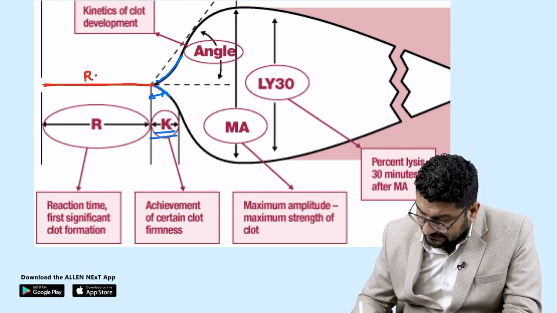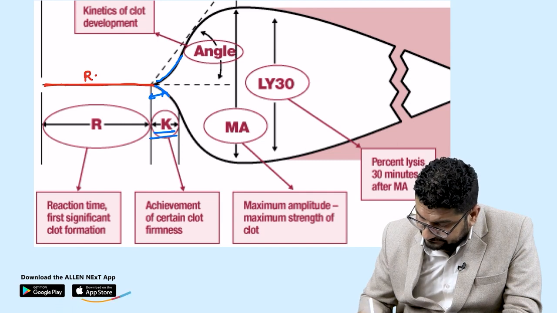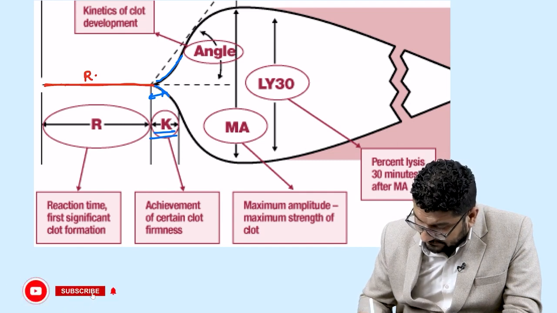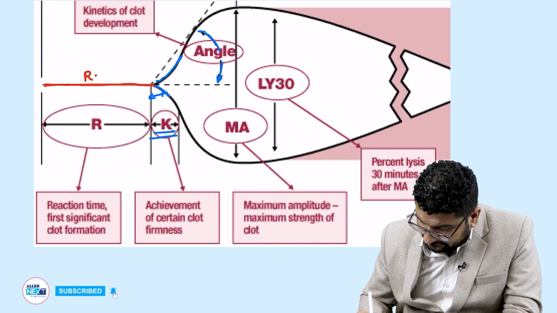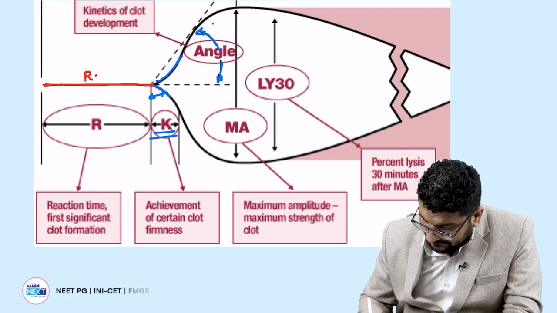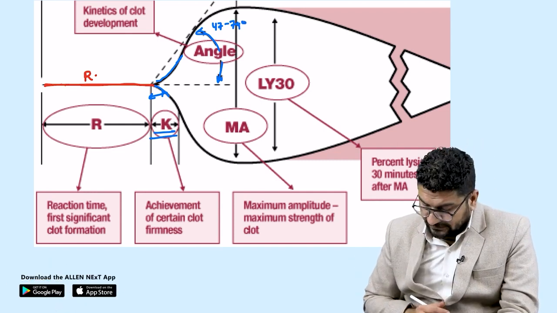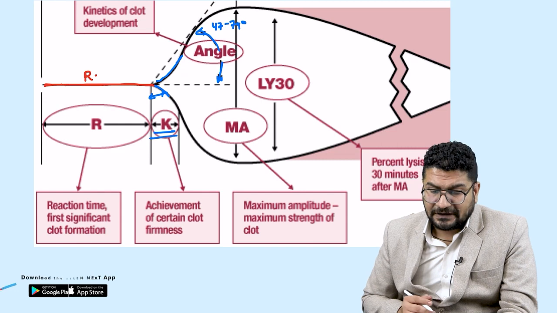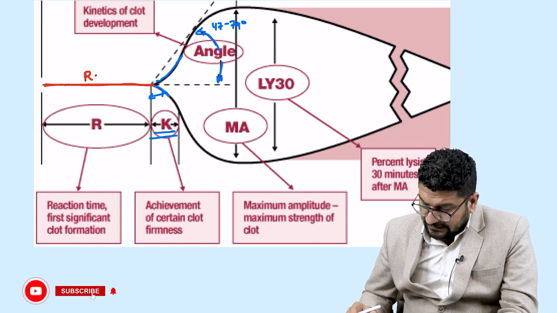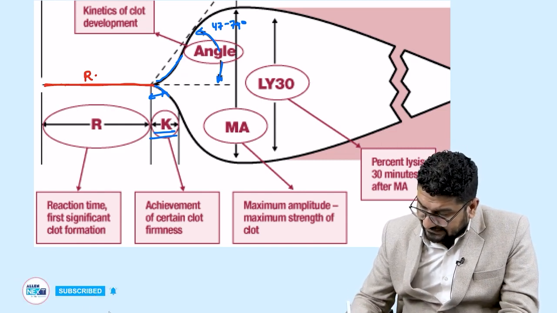Then if you notice, they will make an angle, and the angle which we see here is normally in the range of 47 to 74 degrees. This angle is what we call alpha angle. So this angle is telling you the kinetics of the clot. Ultimately you can notice a maximal height.